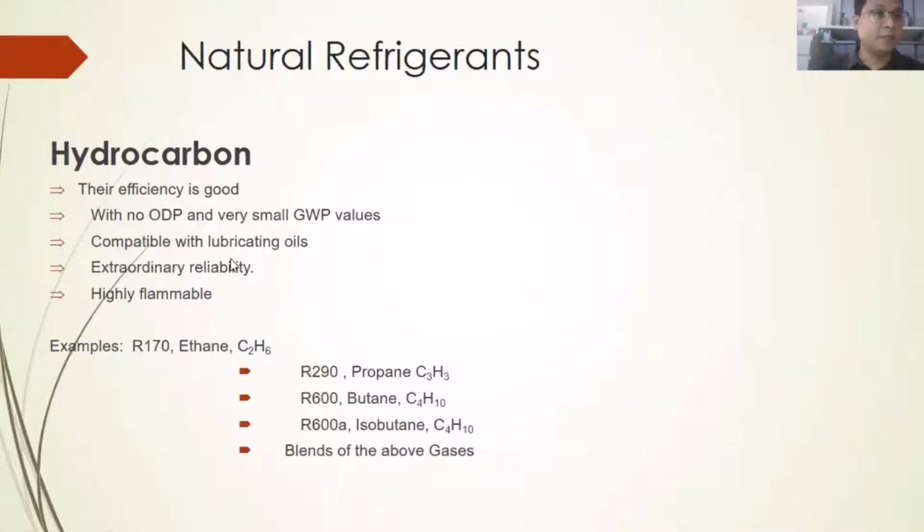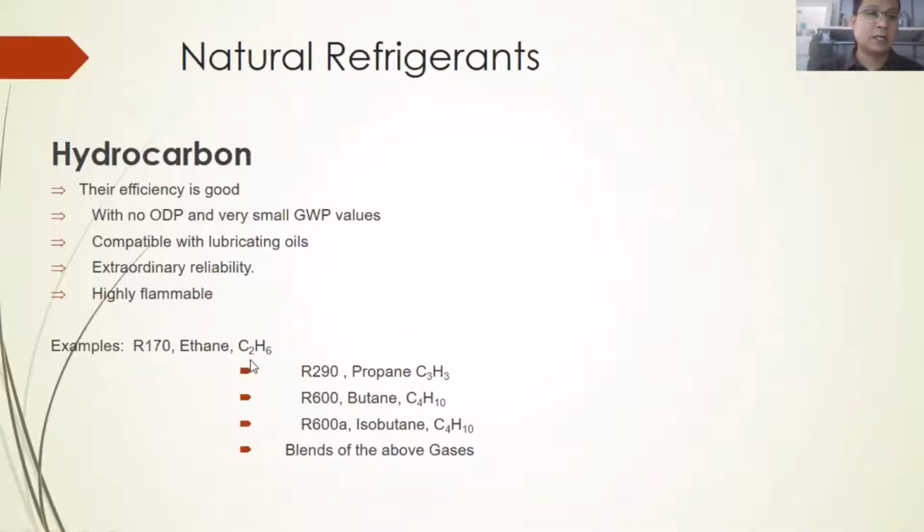They are also compatible with lubricating oils, which means they are suitable for certain compressors like the screw compressor. They have extraordinary reliability, but are highly flammable. And the chemical form is C2H6.